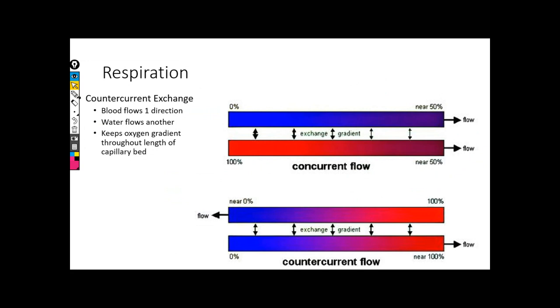The key is to make sure that every second, every moment, my capillaries, my lamellae, are encountering water, so I am able to continuously exchange my carbon dioxide, that's what I want to get rid of, and then take in the oxygen that's in the water. The way we do this is called countercurrent exchange. Of the two images you see here, that's the bottom one. So we're going to walk through how this works and why the system works the way it does.